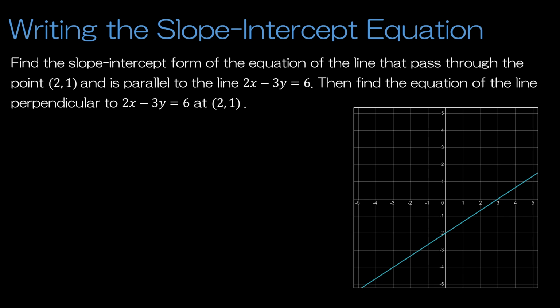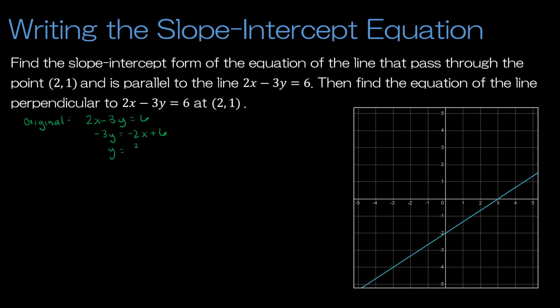We'll start with the original, and we need to know what's the slope of the original line. So the original is 2x minus 3y equals 6, not in slope-intercept form. If it was, that would be quite easy. But I'm going to go ahead and subtract 2x from each side, and I'm going to divide each side by -3.